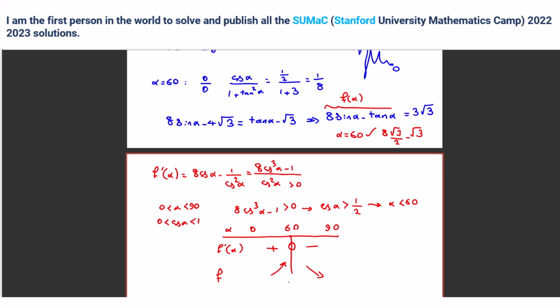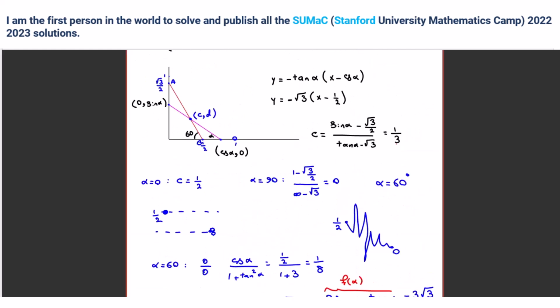Before that, it's less than that. After that, it is greater than that. So f cannot be equal to 3 root 3 for any value except 60, right? So we cannot reach 1/8 with any other alpha.